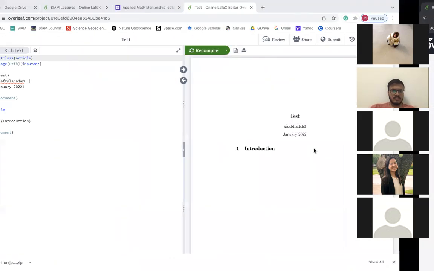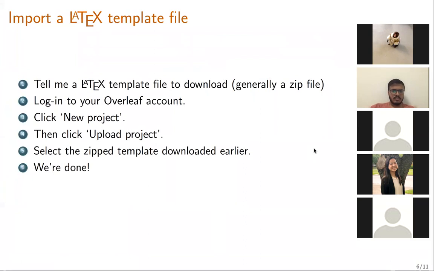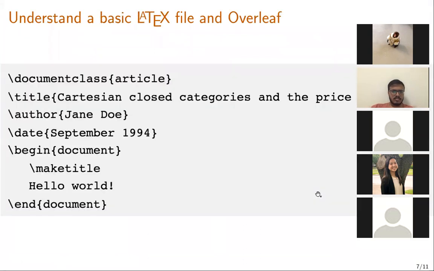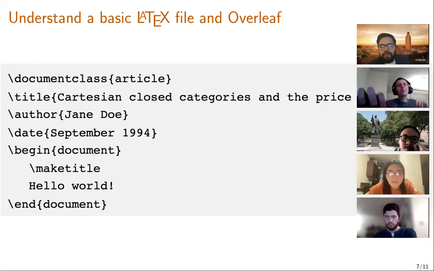Okay. So let's go to the LaTeX screen and move one step further. Once we had this example file, you see a number of things. I want you to look at what a basic LaTeX file is with a very basic example.